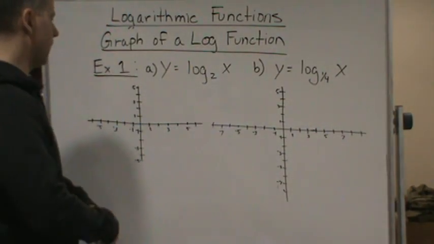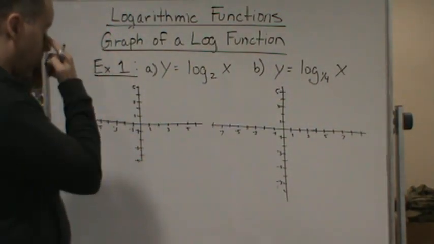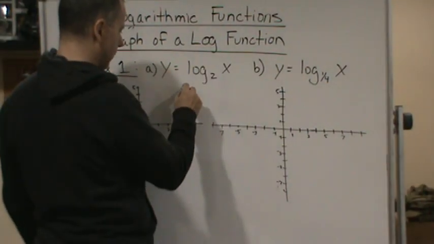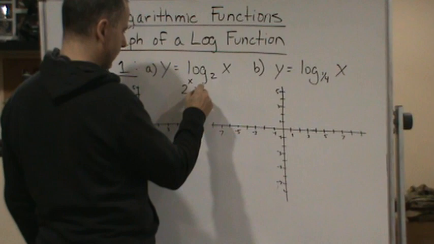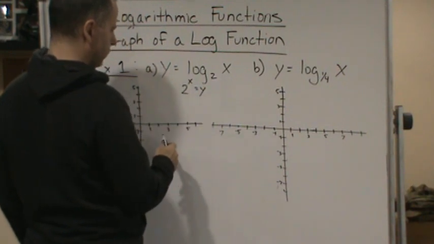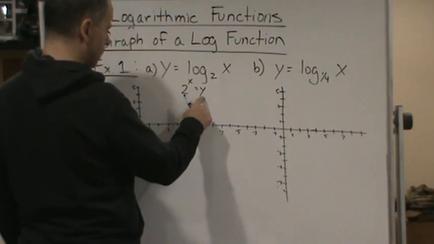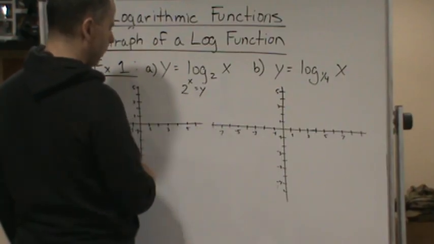If we want to write this in exponential form, this would be 2 to the x equals y. So as we stick in values of x, what happens to y?